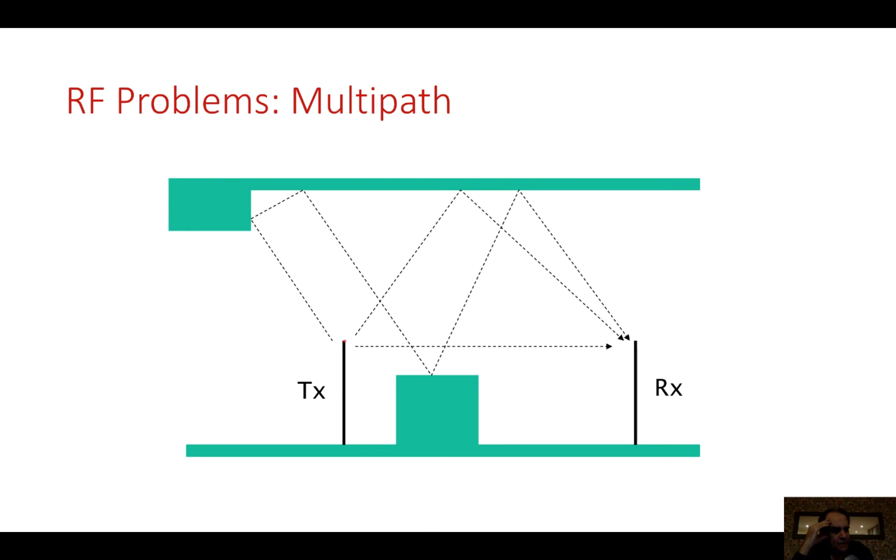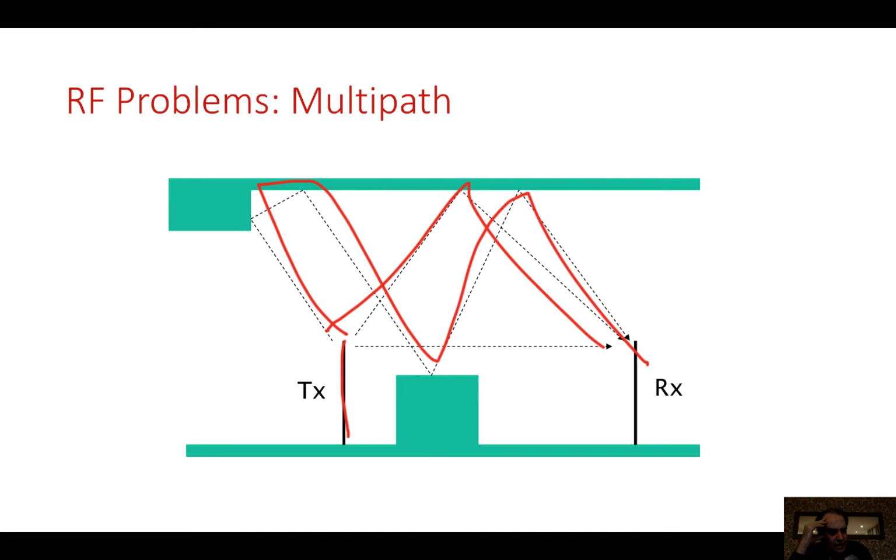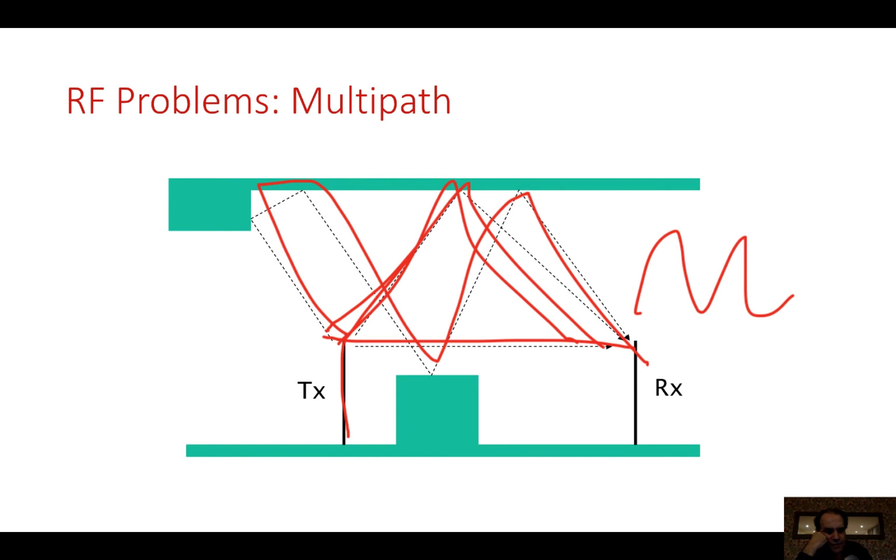So with multipath, we could have a transmitter here, and we can have a path here, another one here, and then another one in another place, and we can even get a direct line of sight. If we're very lucky, when all the waves get there, they'll all reinforce each other. But if we're very unlucky, then two out of phase signals can come back together and produce a null spot.